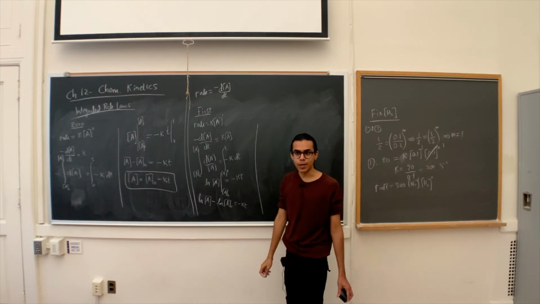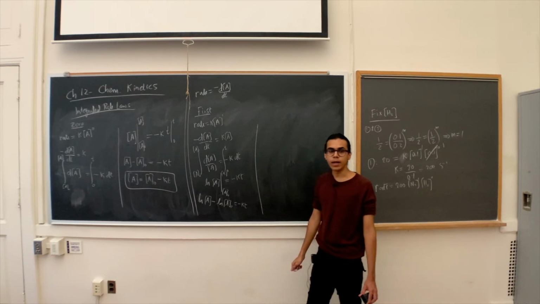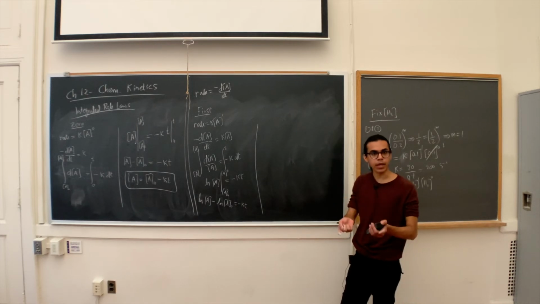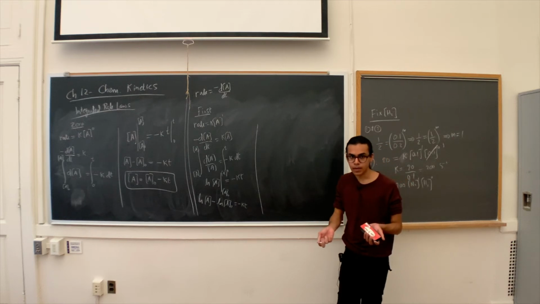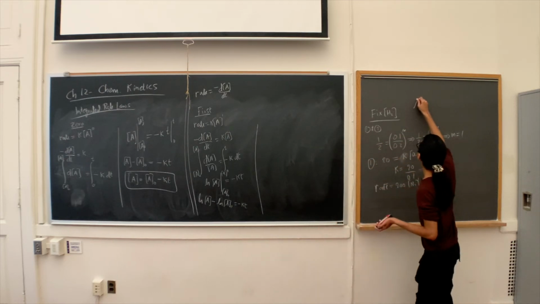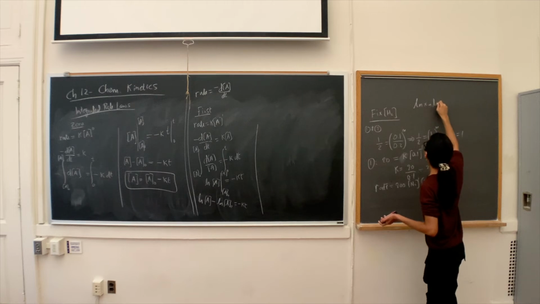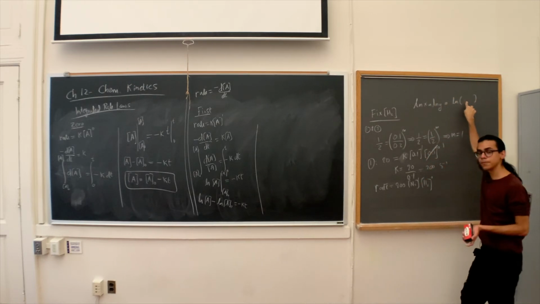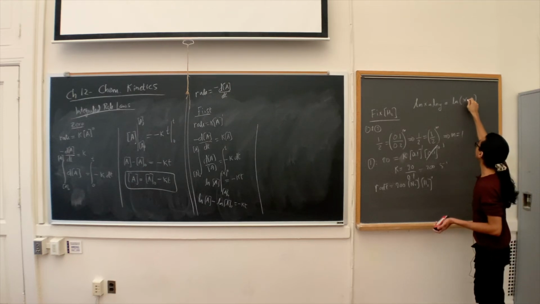Before you solve for a, we can do a nice little mathematical trick here. If you add two ln's, that's the same as multiplying the two things. Remember the laws of logarithms? ln x plus ln y is ln of x times y.